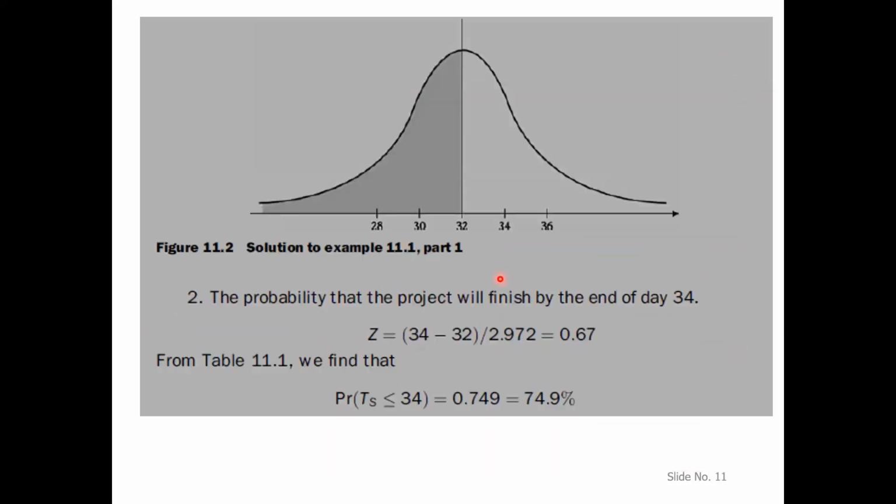Now TS is 34, so 34 minus 32 divided by 2.972. If you calculate it, it will be 0.67. Now we have to read this 0.67 in the table.